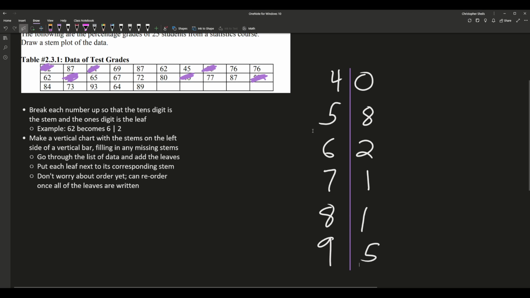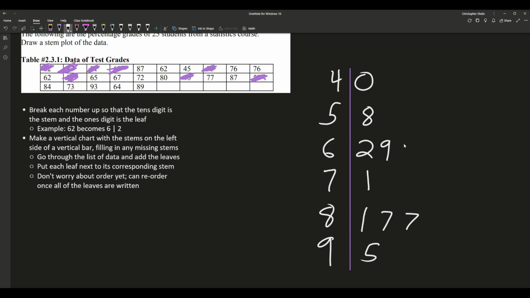So now from here, I just fill out the rest of the leaves. So for 87, I just write a 7 on the right-hand side of this vertical bar. For 69, I just write a 9 over here after this 2. For 87, again, I write another 7.